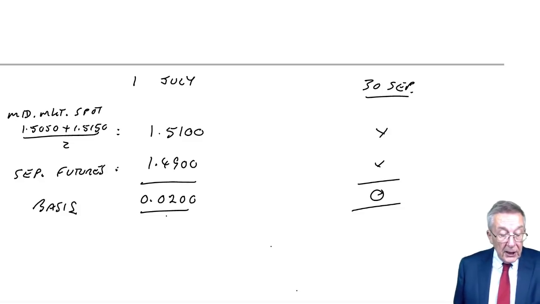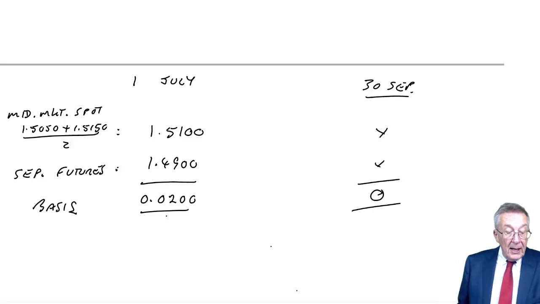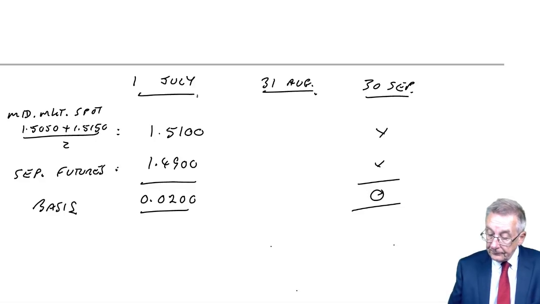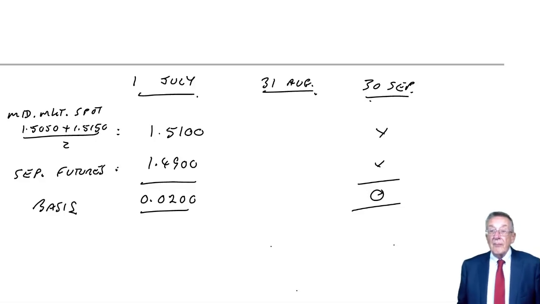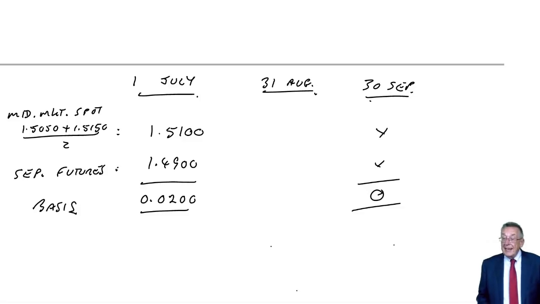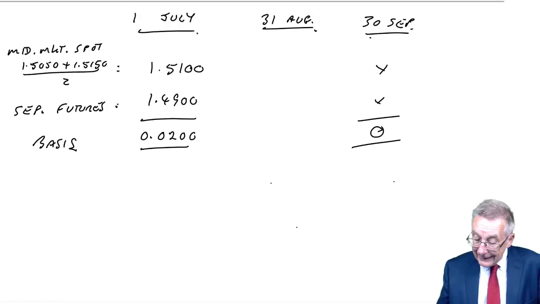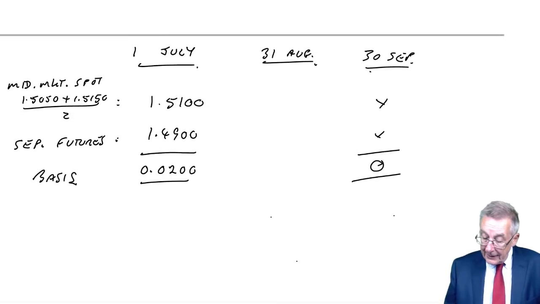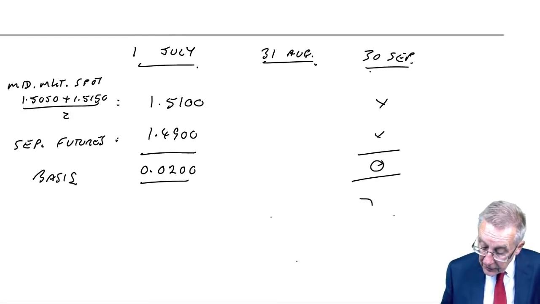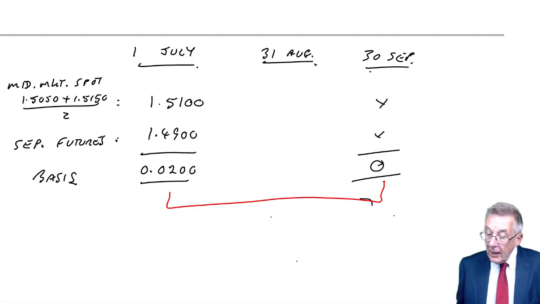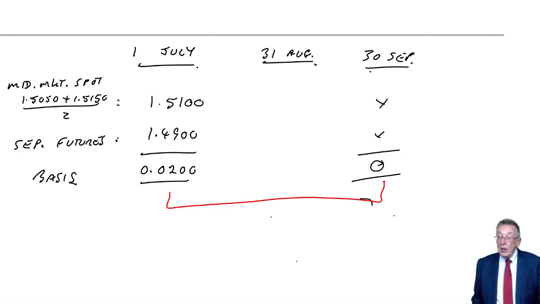And so I need to know, on the date of the transaction, 31st of August, what would the difference be? Well, from July to September is how long?